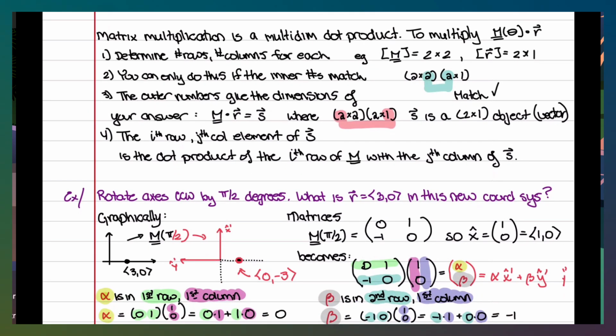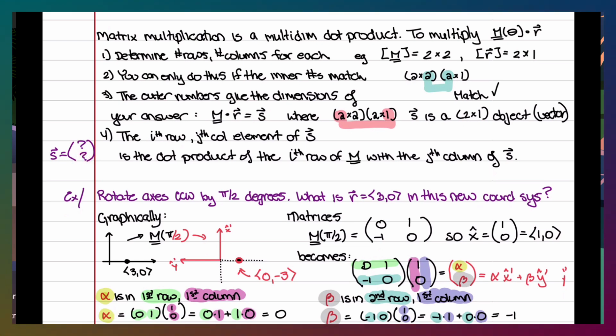And then you just take, so this result that we ultimately get has 2 rows and 1 column, so there are 2 elements. If I write S, it's something and then something: 2 rows and 1 column. So we have to do 2 calculations in order to figure out what's this number and what's this number.